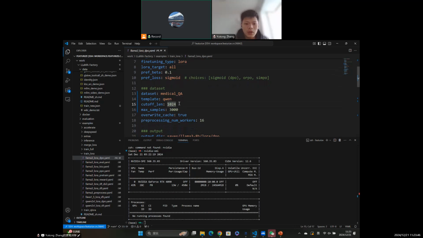Cutoff length basically means how many tokens you can use in training. Max samples means how much data you're going to use in the training process.